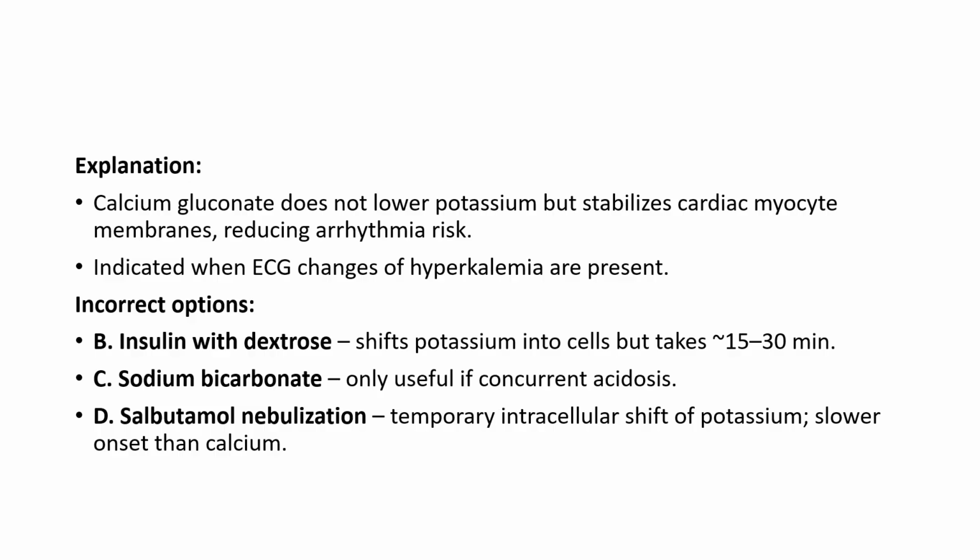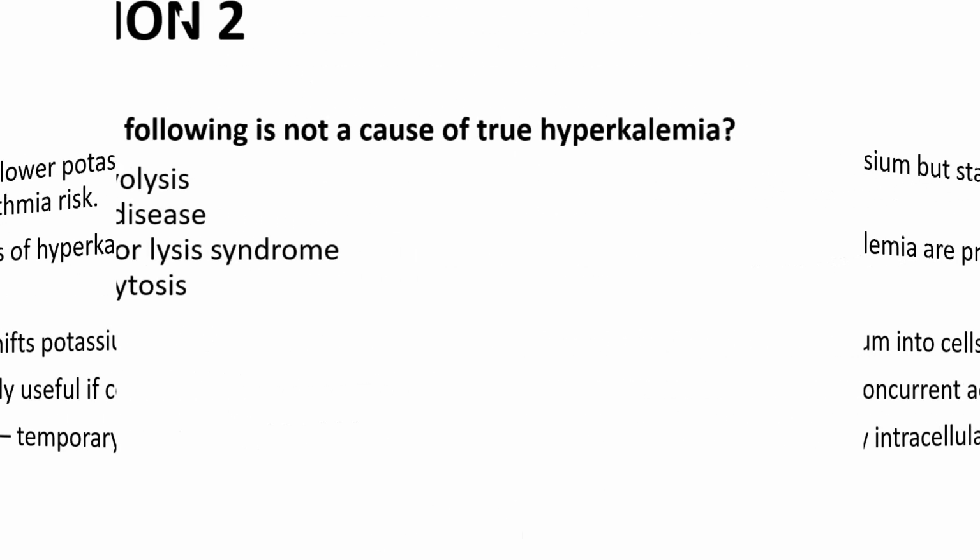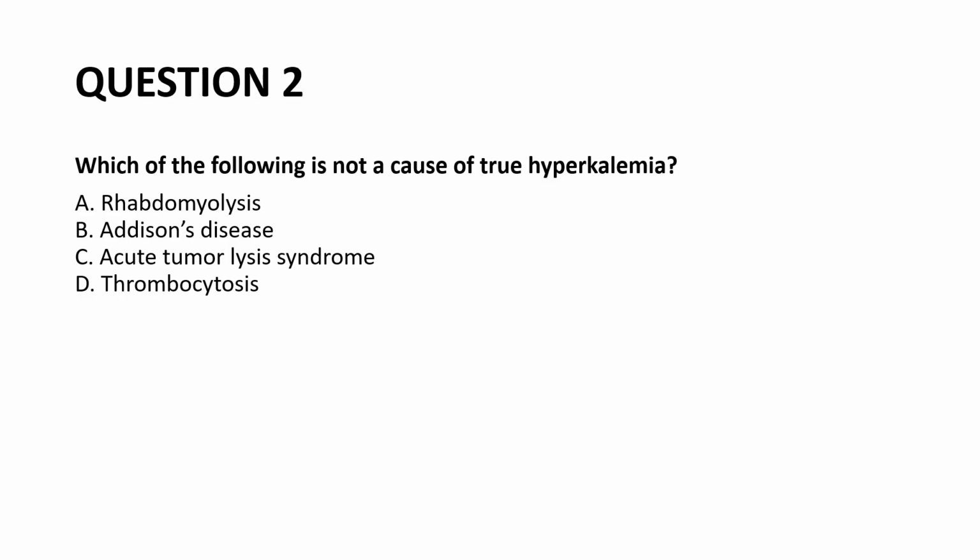Sodium bicarbonate helps only if acidosis is present. Salbutamol nebulization also shifts potassium, but it is slower. So remember, in hyperkalemia, calcium gluconate is the first thing you give. It is life-saving.